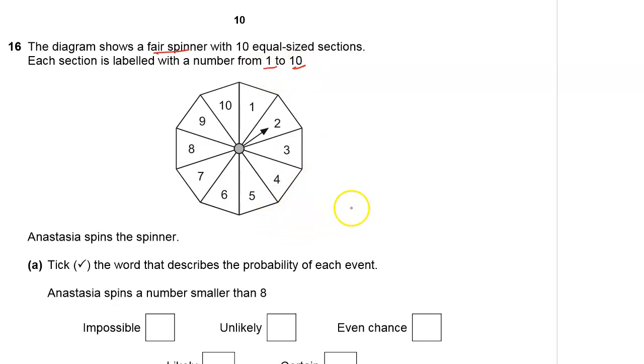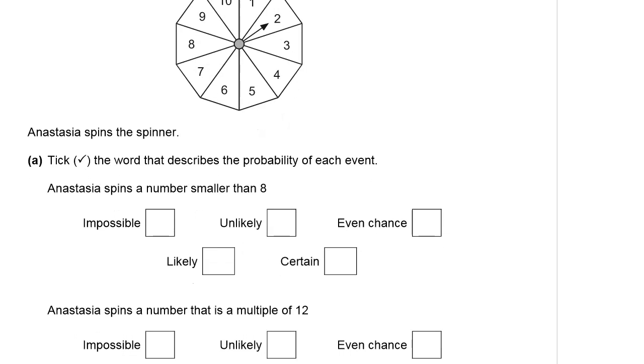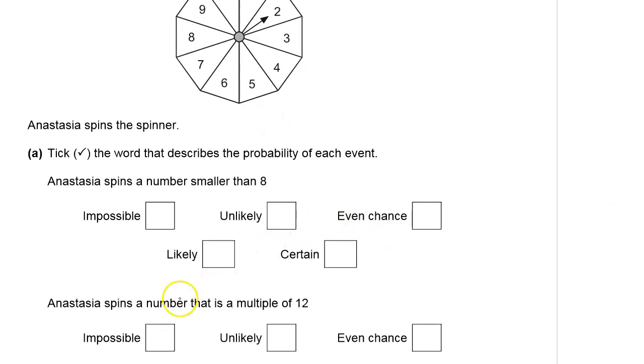Anastasia spins the spinner. Part A. The question is, tick the word that describes the probability of each event.